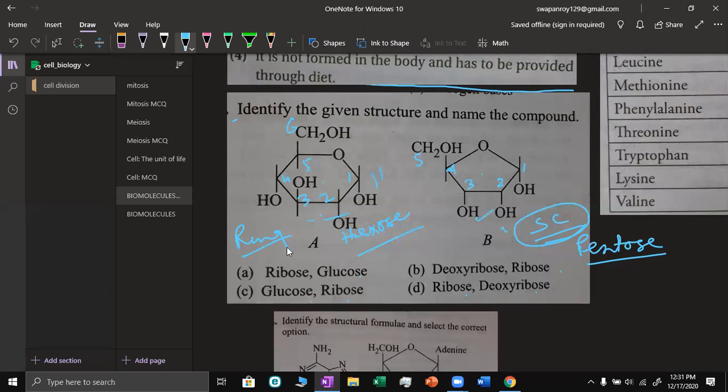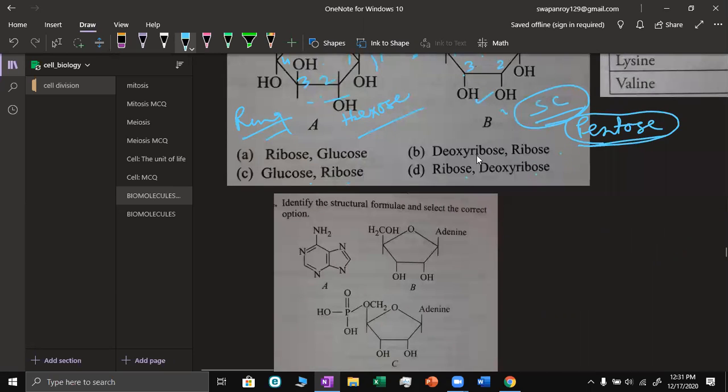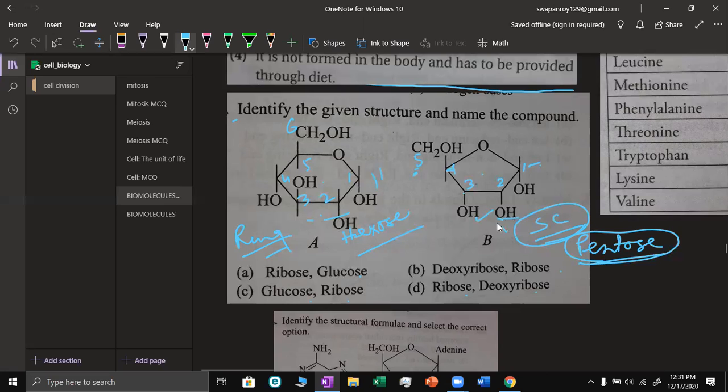Pentoses are always a ring structure, and in the pentose the first carbon, third one, and fifth are very important. This is ribose sugar.